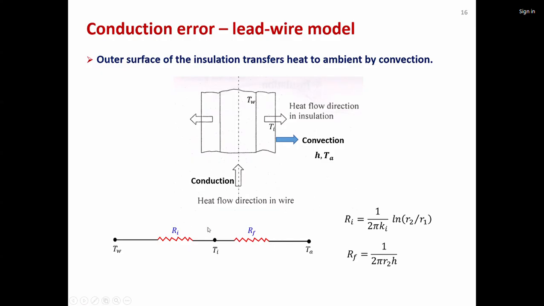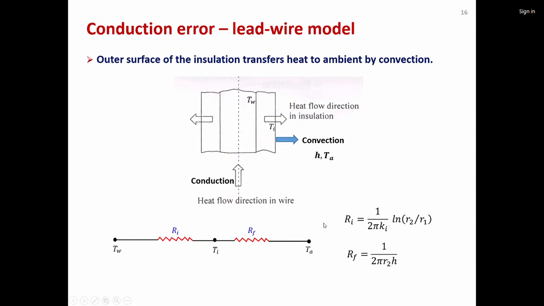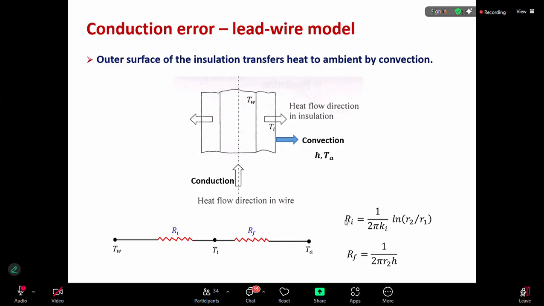So from heat transfer we have the expressions for conduction resistance in a coaxial cylinder. This arrangement is like a coaxial cylinder having inner radius R1 and outer radius R2, and let's say the thermal conductivity of this insulation material is Ki. So the thermal resistance can be derived.